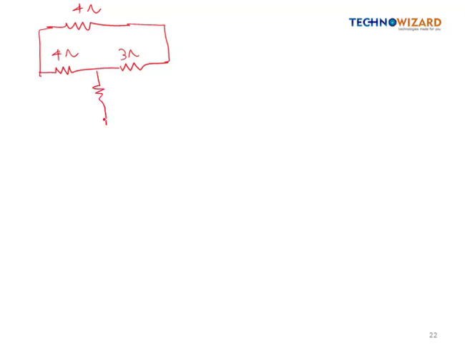Here it is 12 ohm, and this was also 12 ohm, and it was short circuited, right? Suppose it was terminal A and it was terminal B, and suppose this is C terminal. This terminal will remain B, this will also be B, because there is no voltage drop.